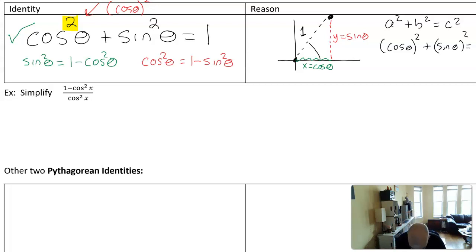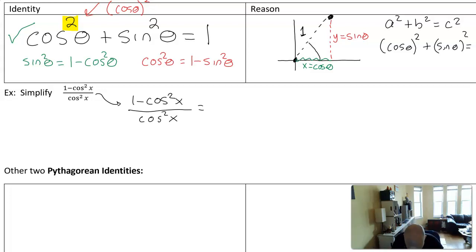And now I see some things that could directly substitute in this simplification. So I have 1 minus cosine squared x over cosine squared x. I'm using x and theta interchangeably here. It means the same thing. So it's okay to switch around your variables a little bit.